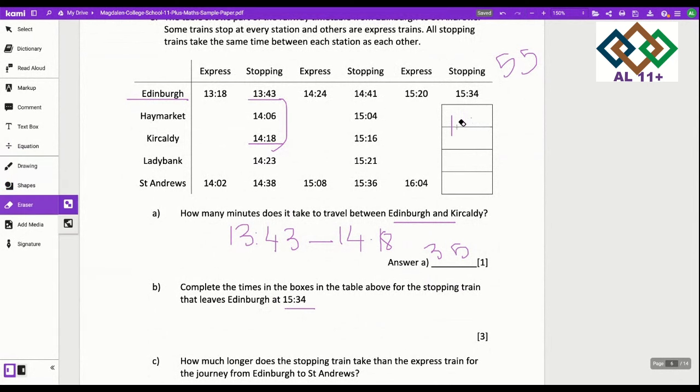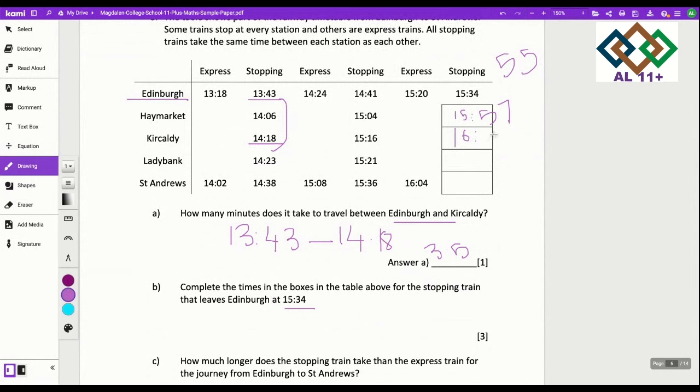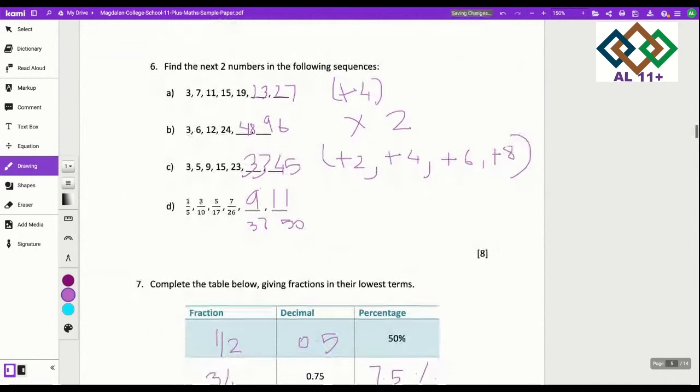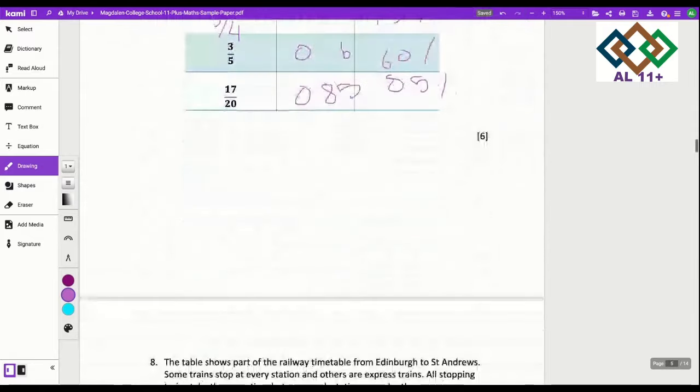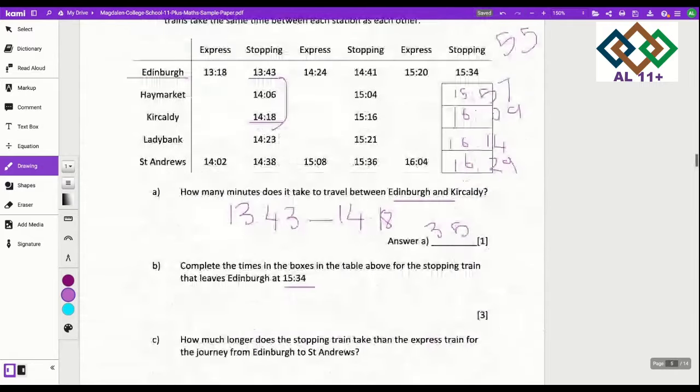The first one will be 1557. The next one will be 1609. Then it will be 1614. And then it will be 1629. So we have completed the table.